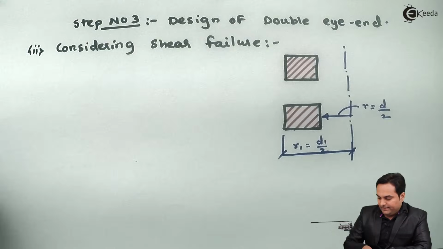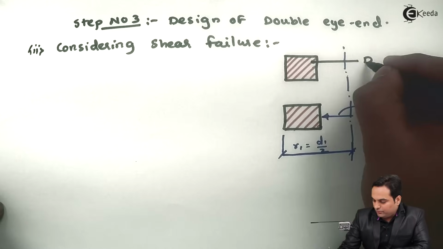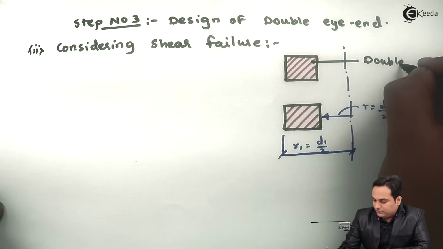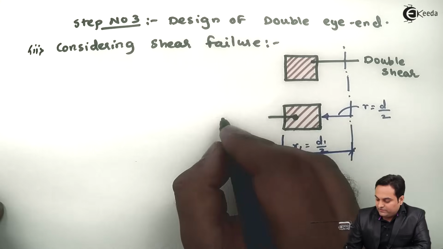So I am getting the area in such a way that at the top also it is double shear, and even at the bottom we are having double shear.